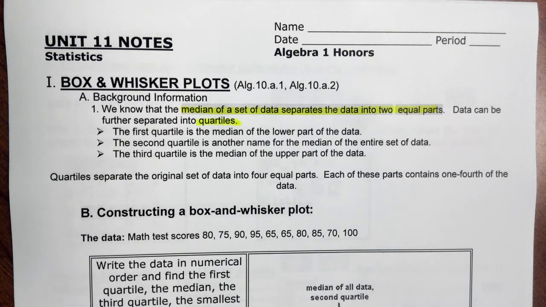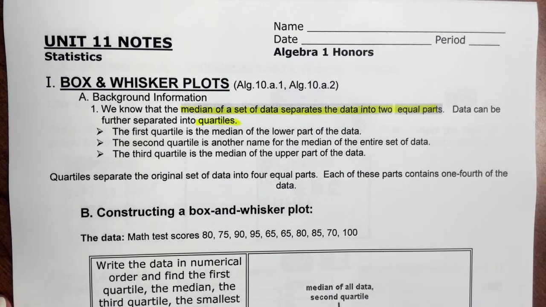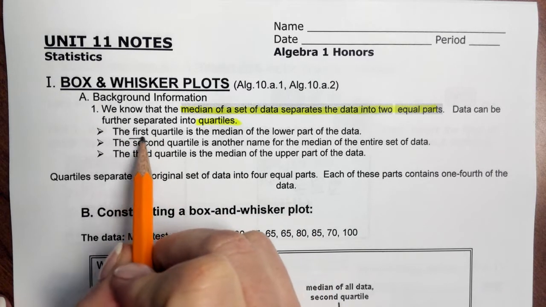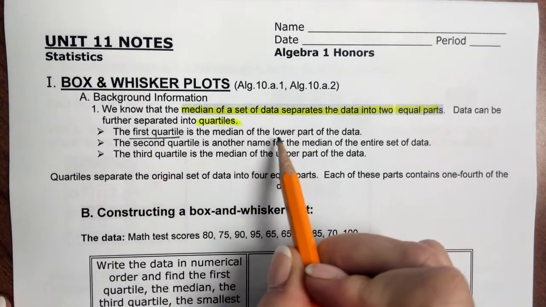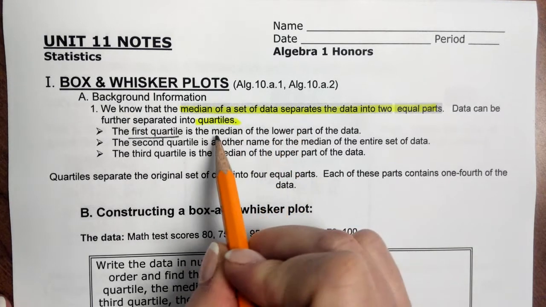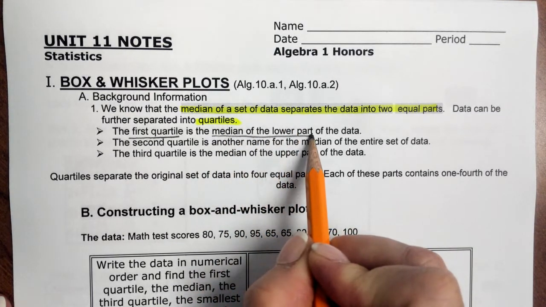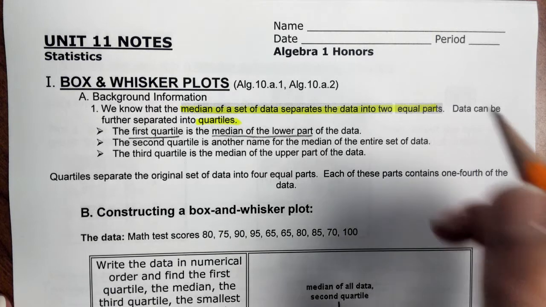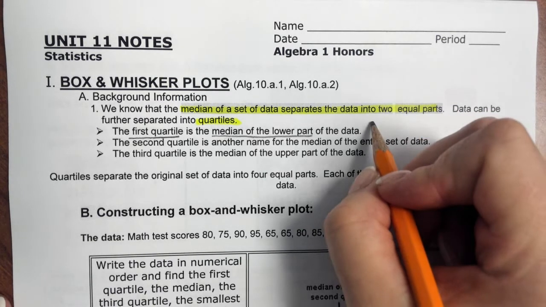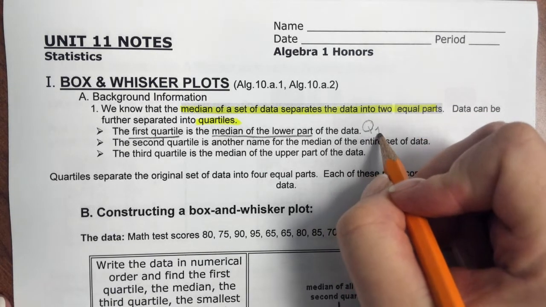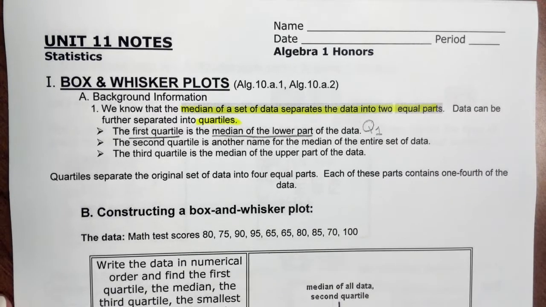All right, just a quick reminder, and I know this isn't going to make too much sense right now, but let's write it down in our notes so when you come back, you'll understand it a little better. When you create a box and whisker plot, the first quartile is the median of the lower part of the data, and that is symbolized on our calculator by Q1, with a subscript of 1.